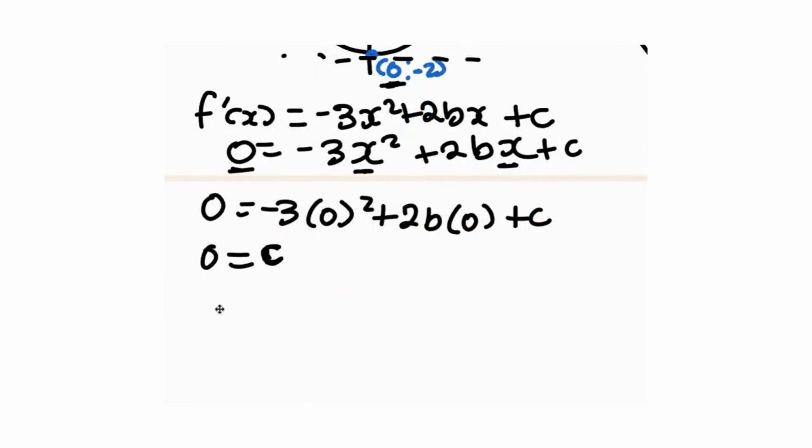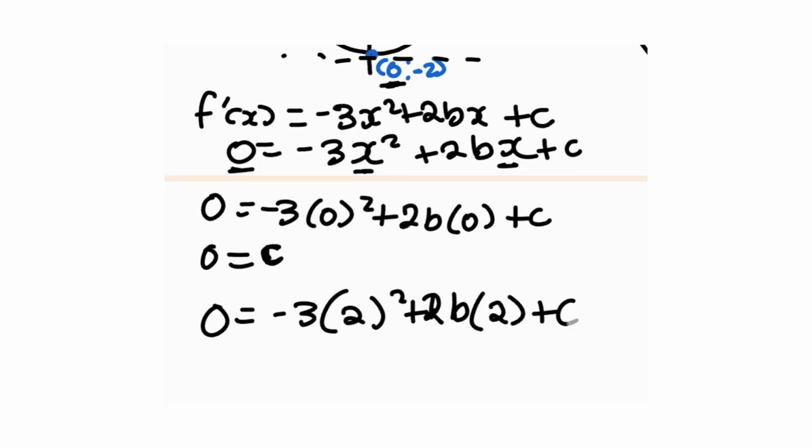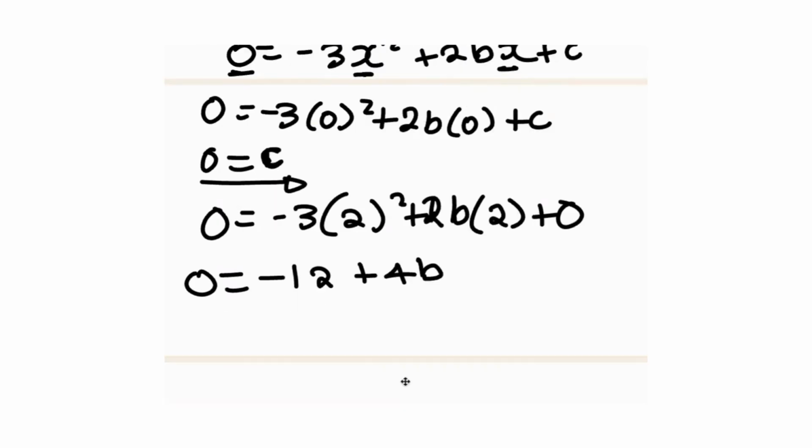So I have 0 equals negative 3 times 2 squared plus 2b times 2 plus 0, because our c was 0. So we have 0 equals negative 12 plus 4b, which makes b to be 12 over 4, and that is 3.